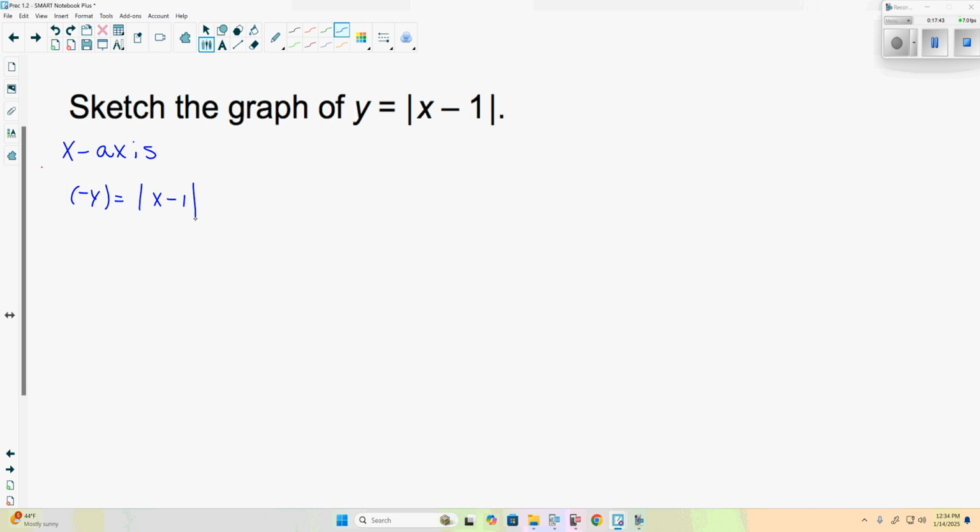Now we can drop the parentheses, and we have negative y is equal to the absolute value of x minus 1. To get the y positive, we can divide both sides by negative 1, which will tell us that y is equal to negative absolute value of x minus 1. Is that the same equation as what we started with? No. So we cannot say that it is symmetric with respect to x, because that's not the original equation we started with.